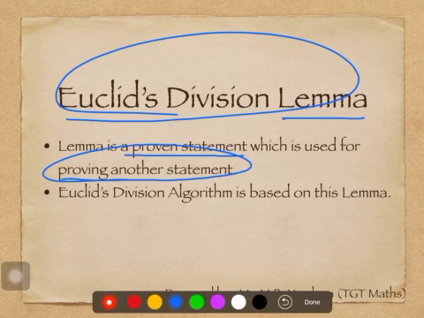Also, Euclid's division lemma is the basis for Euclid's division algorithm, and Euclid's division algorithm is a technique used to compute the HCF of two positive integers. We will see this algorithm later.